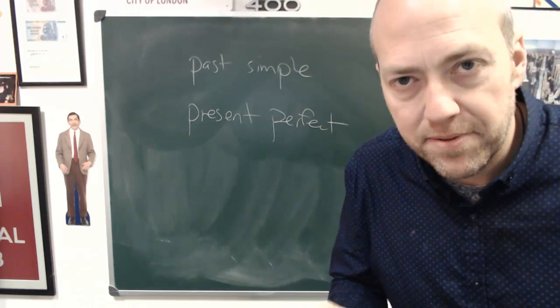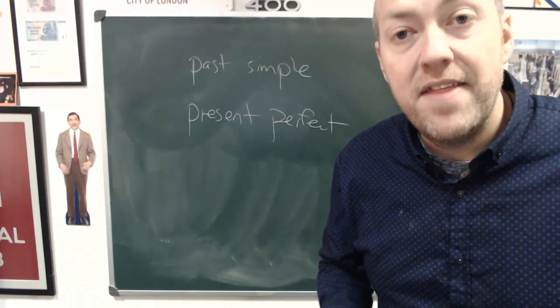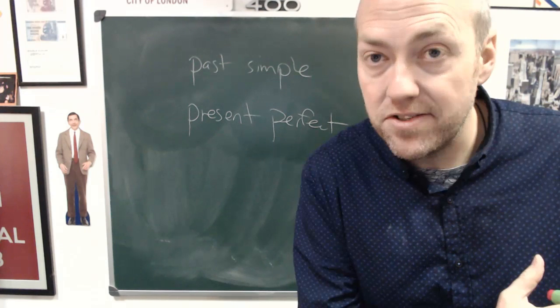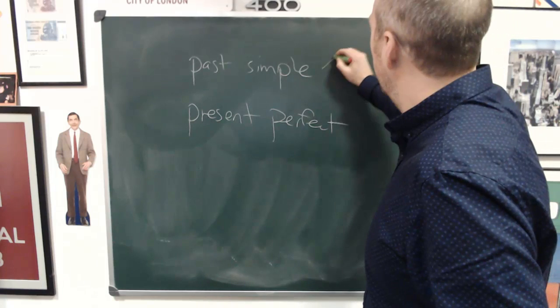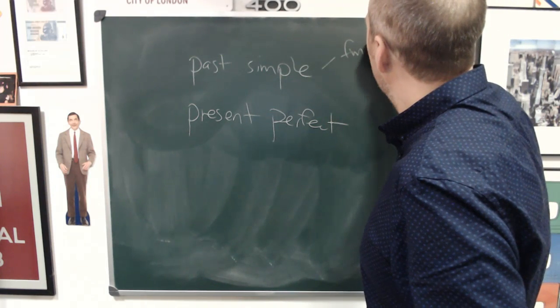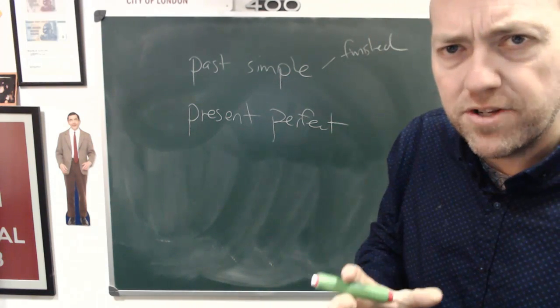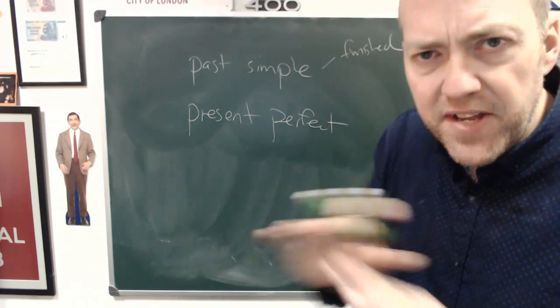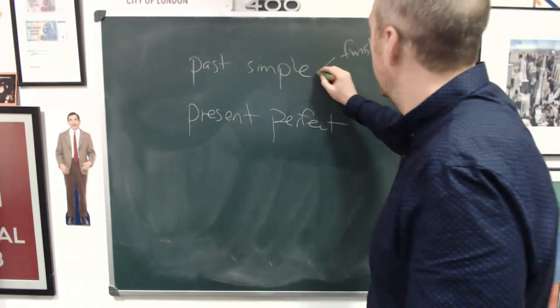The past simple, okay, is to talk about things that happened in the past at a specific time. Okay? So, they are finished actions. Very important. They're finished, okay? And they happened at a specific time.